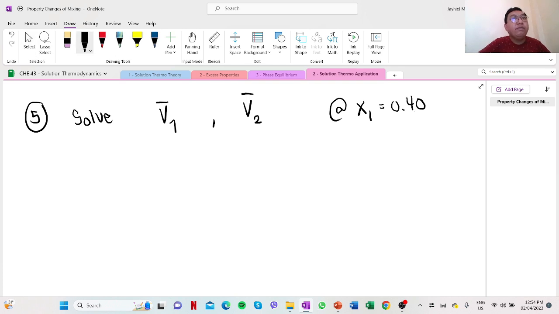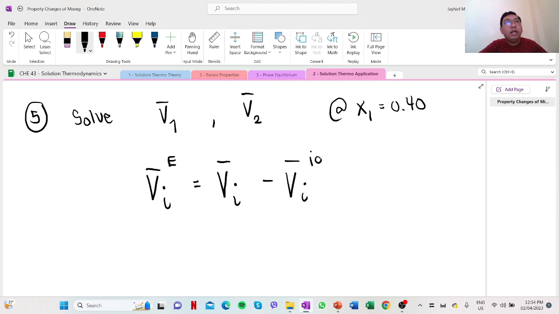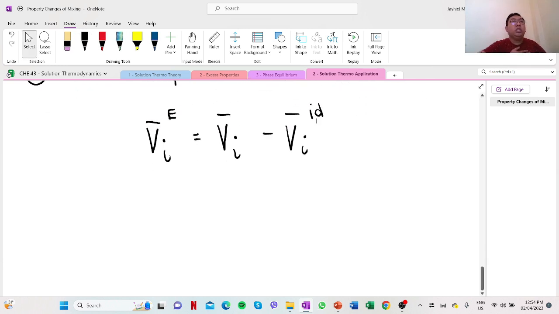The partial molar excess volume is equal to the actual partial molar property minus the partial molar property in the ideal solution condition.